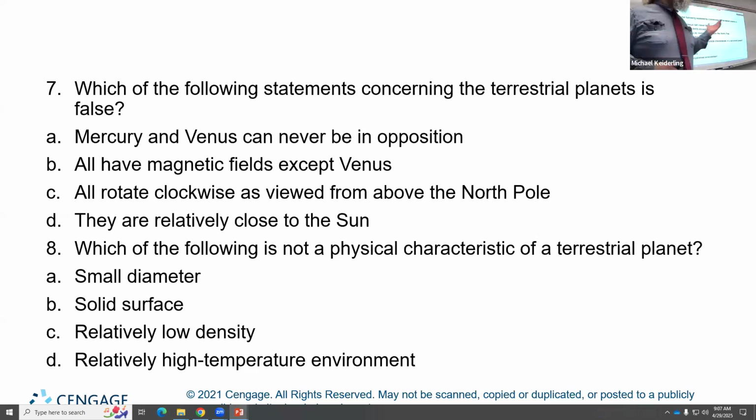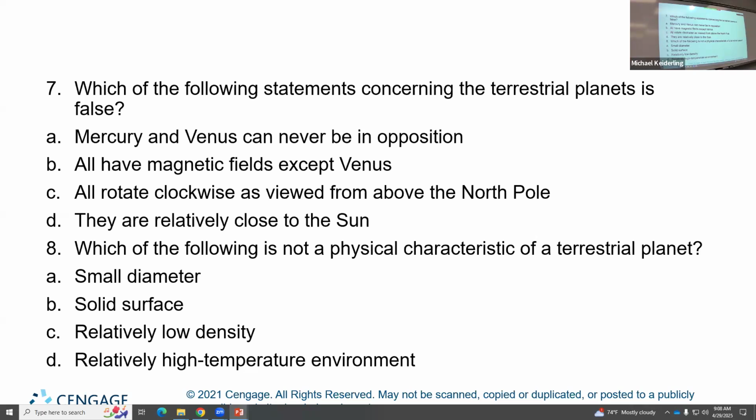The first one, Mercury and Venus can never be in opposition. They can be in opposition. They all have magnetic fields. They're not huge except for Venus, kind of. Oh no, it's number C. That one is actually several of these are false. The first 3 are all.